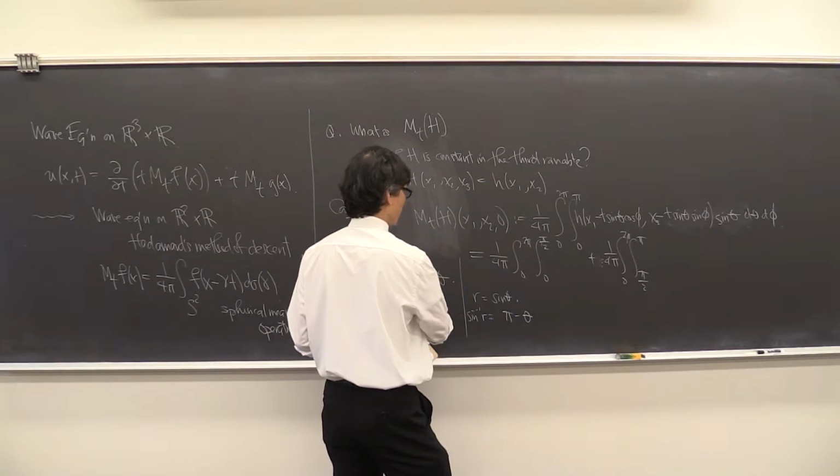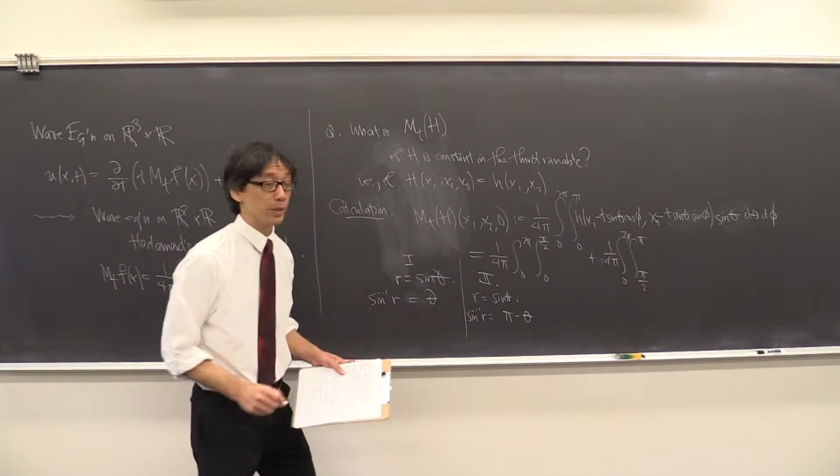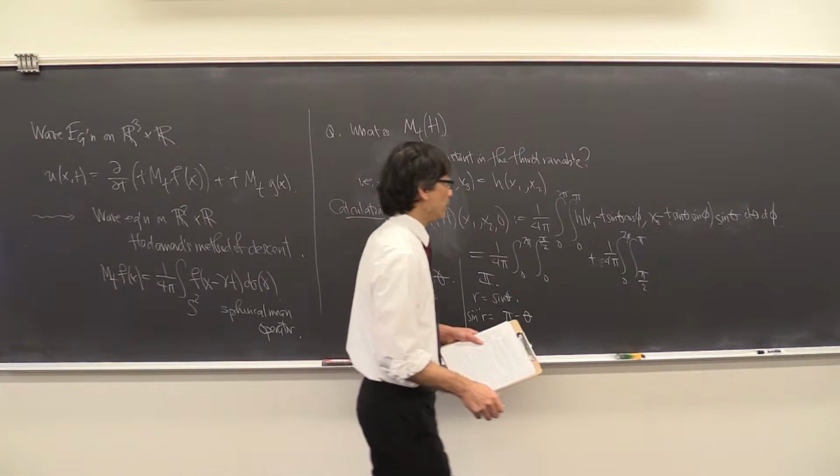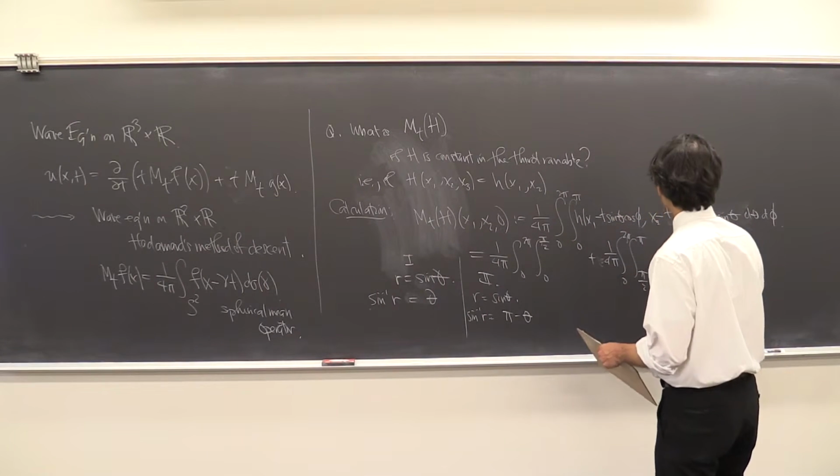Okay, so this is for the first one. In integral 1 and integral 2, we use this substitution. In both cases, it turns out that you get the same integral.